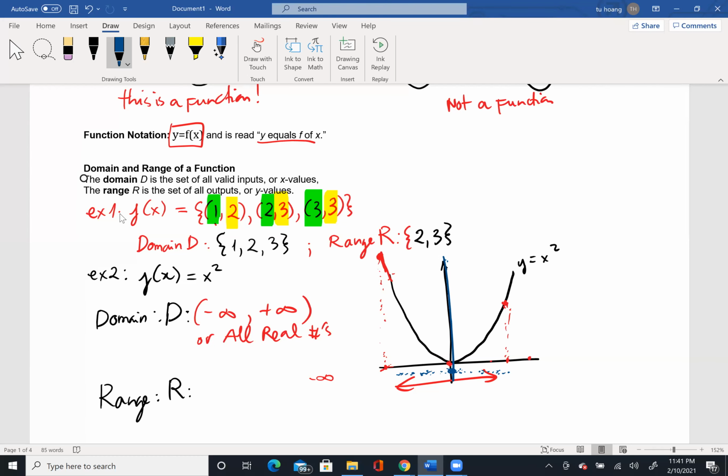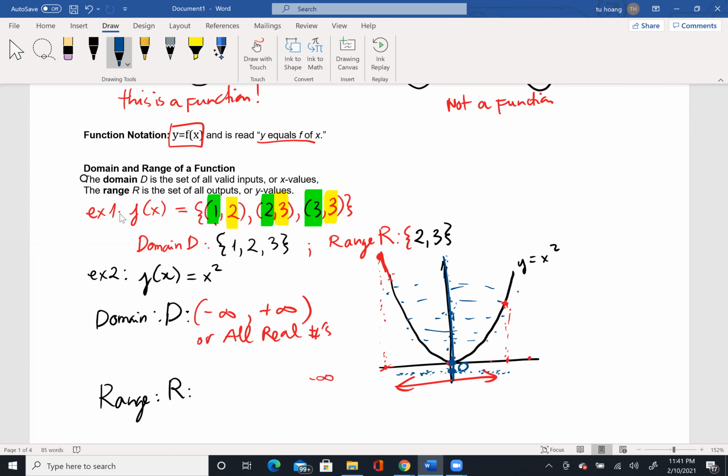The minimum y value is here at 0, at the origin. And then you keep moving up, and all the values from 0 to positive infinity will have a point on the graph. See that?